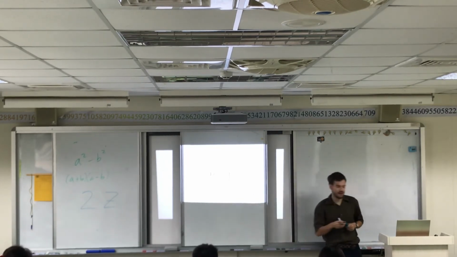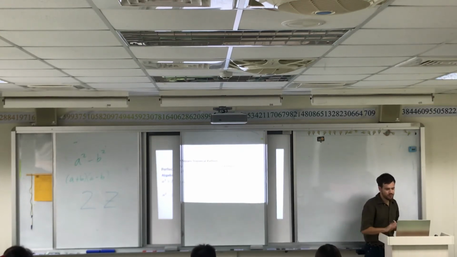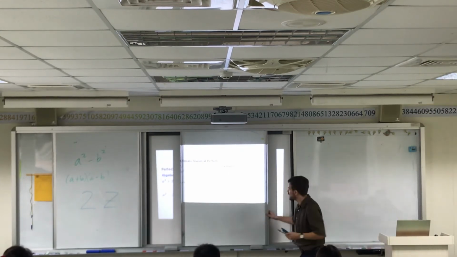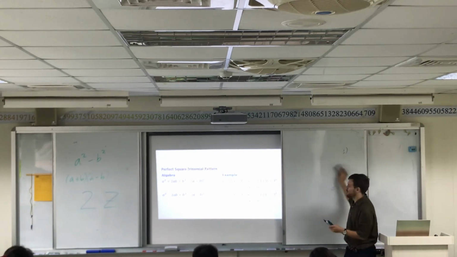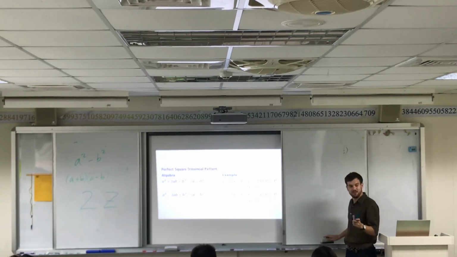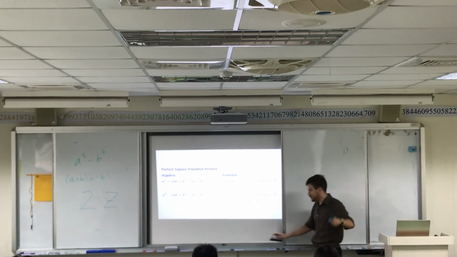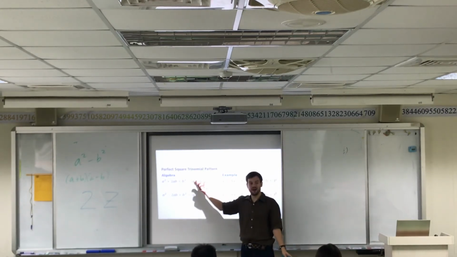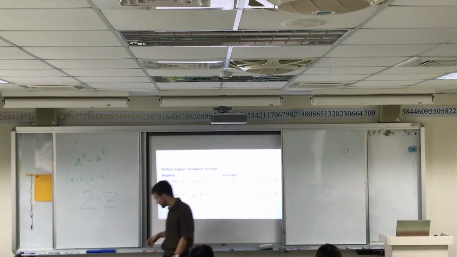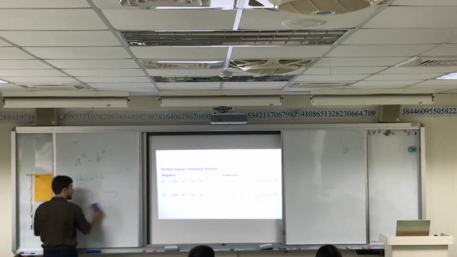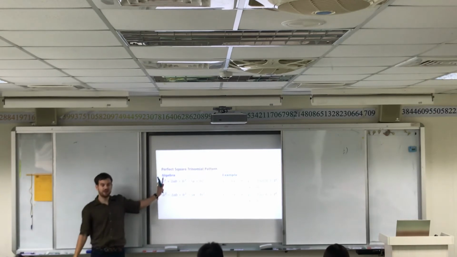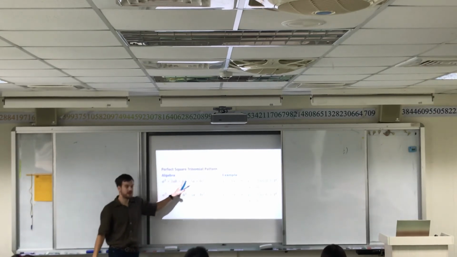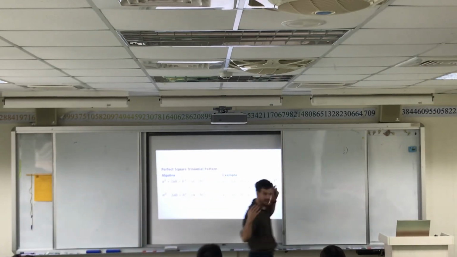Okay. So, here is the other pattern. Now, last time we did a plus b squared is a squared plus 2ab plus b squared. Now, we're going to go backwards. If we have a squared plus 2 times ab plus b squared, we can factor it.